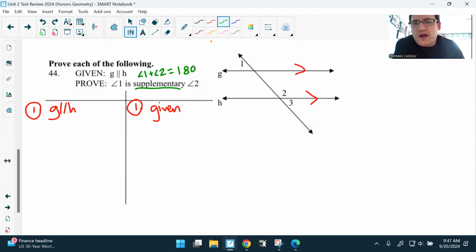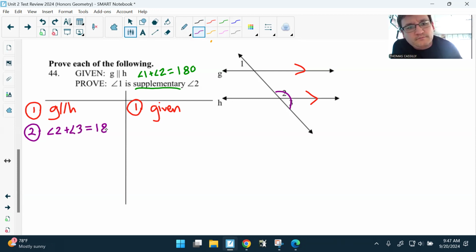All right, so what I would recommend here is I would start with two angles that we know equal 180 degrees. So I'm going to say on step 2, if I look at angle 2 and angle 3, those are a linear pair. What do we know about linear pairs? We know linear pairs equal 180 degrees. So we can say angle 2 plus angle 3 equals 180.